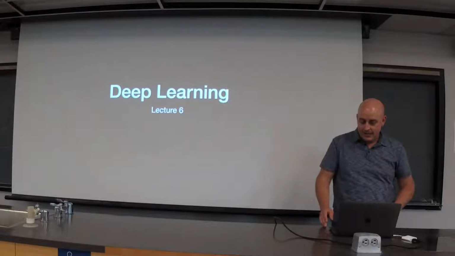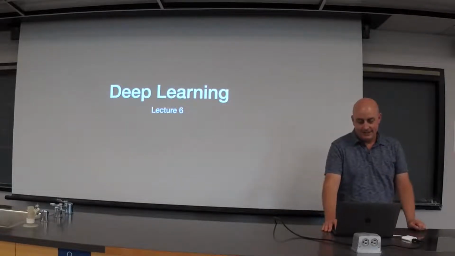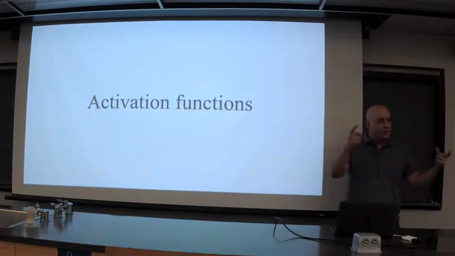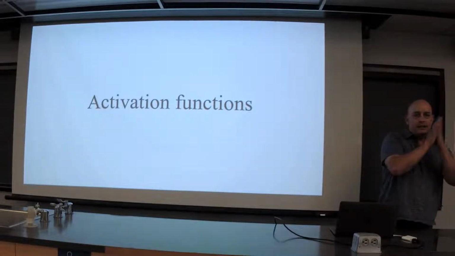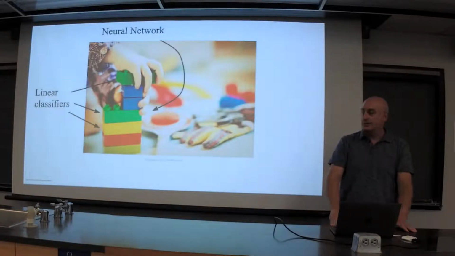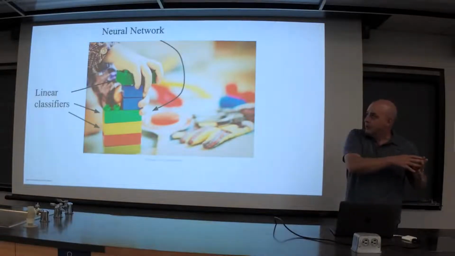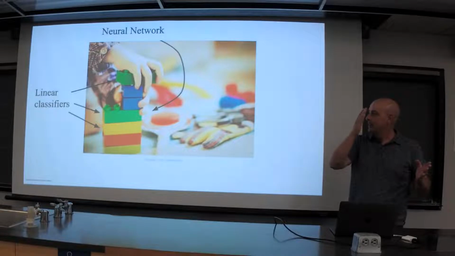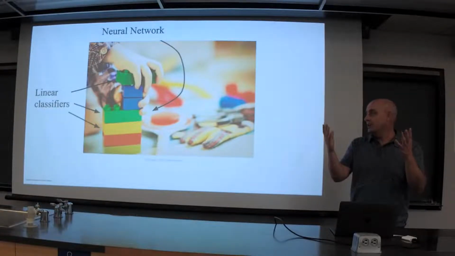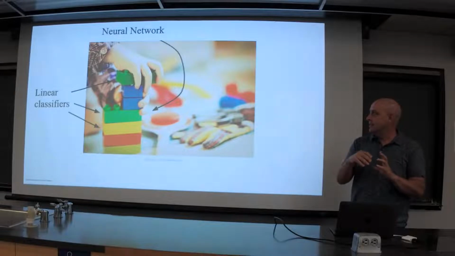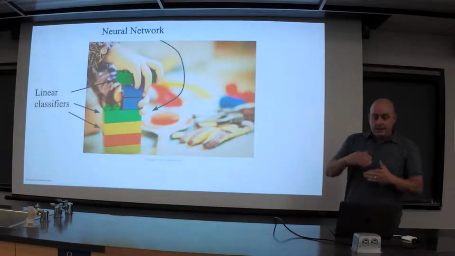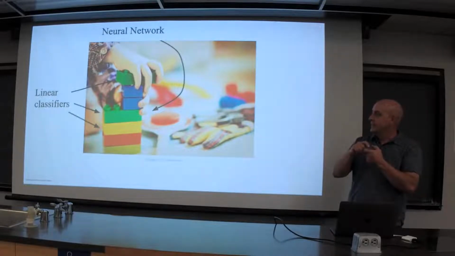All right. We better get started because we're late. Okay, so today we're going to talk about activation functions. These are those nonlinear functions that are going to be between our linear layers. Neural networks, in a general description, are a bunch of layers of linear functions.